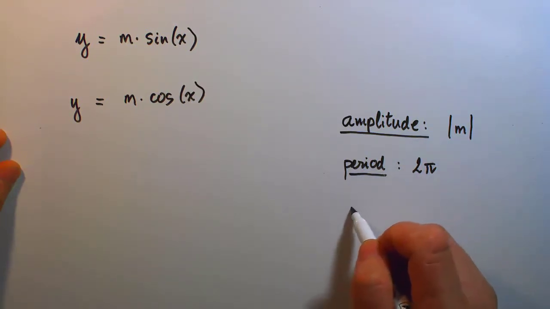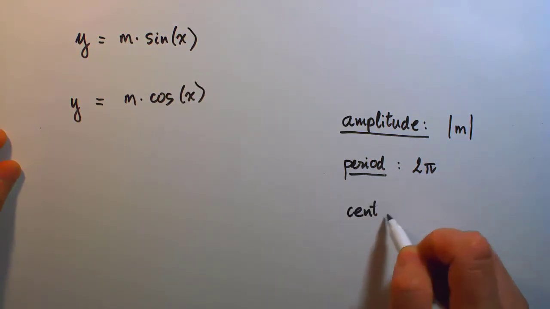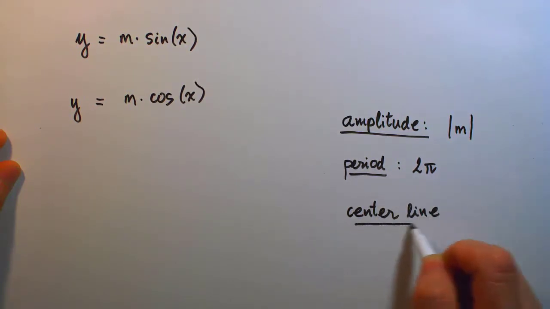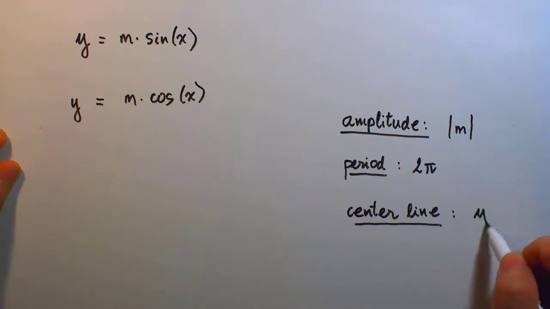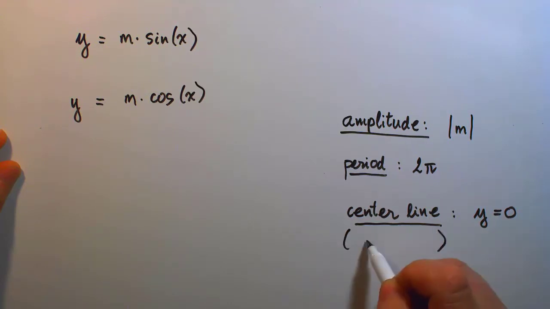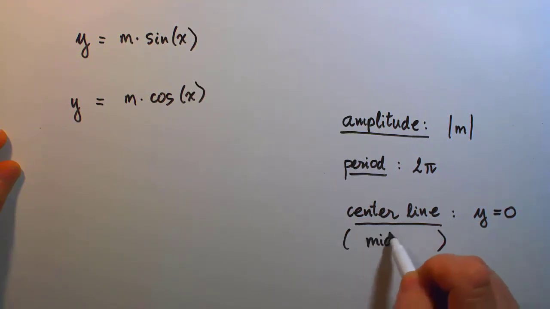And the center line is on the x-axis, or at the line y equals 0. Center line is also referred to as the midline.